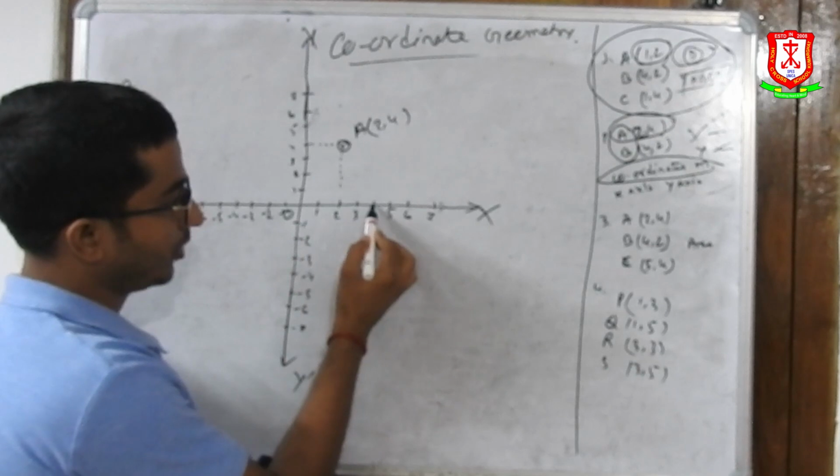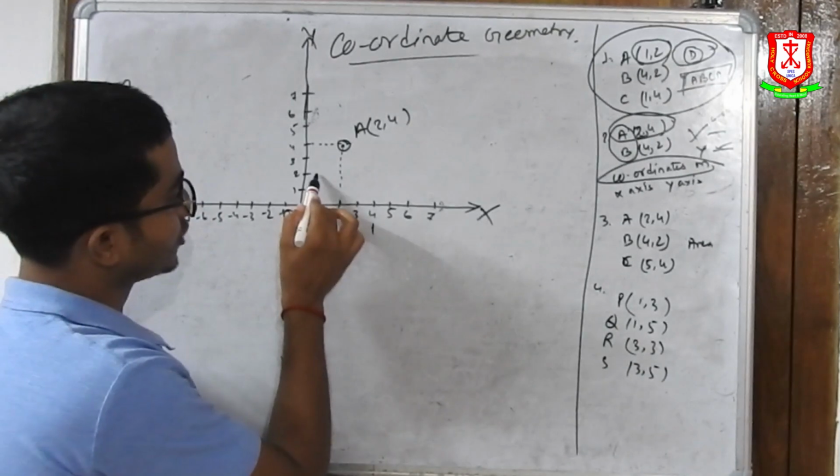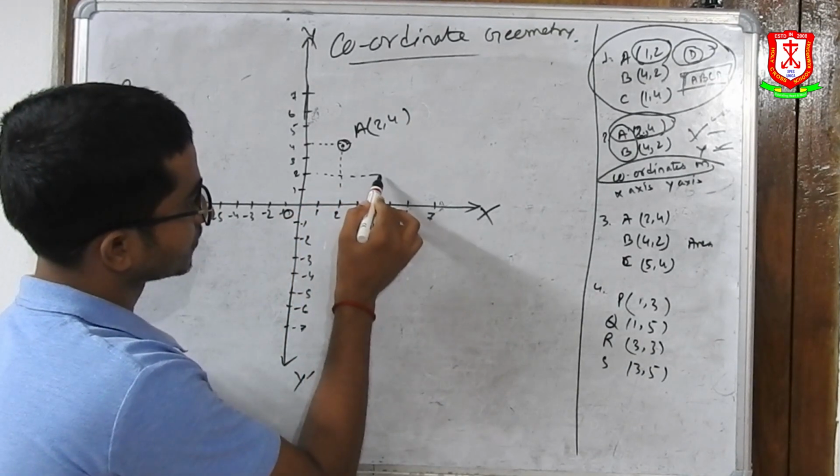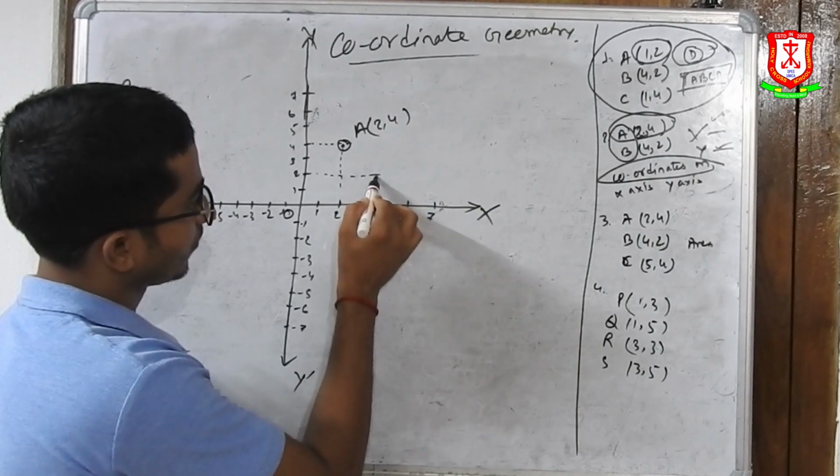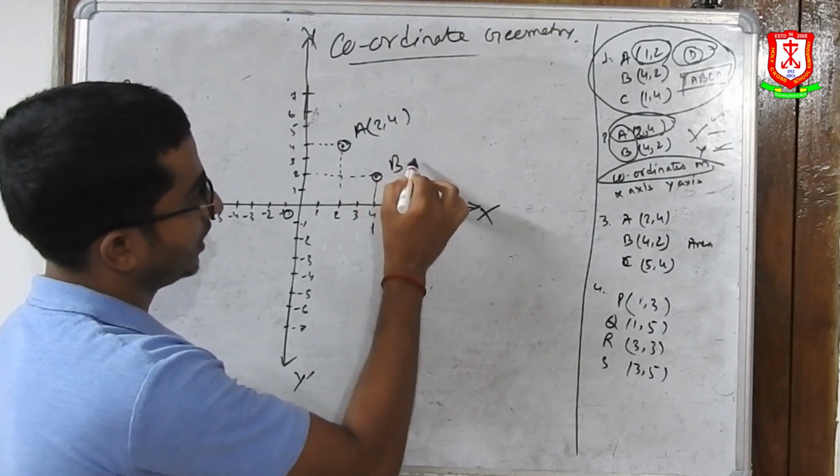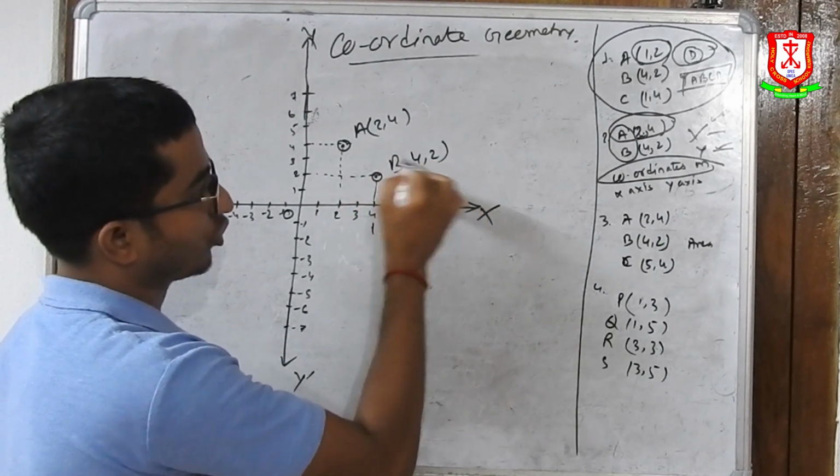What is the value of x? The value of x is 4, the value of y is 2. This is our point B, whose coordinate is (4, 2).